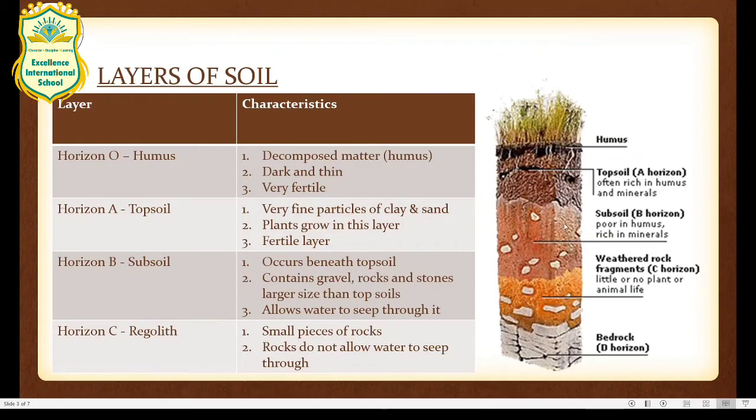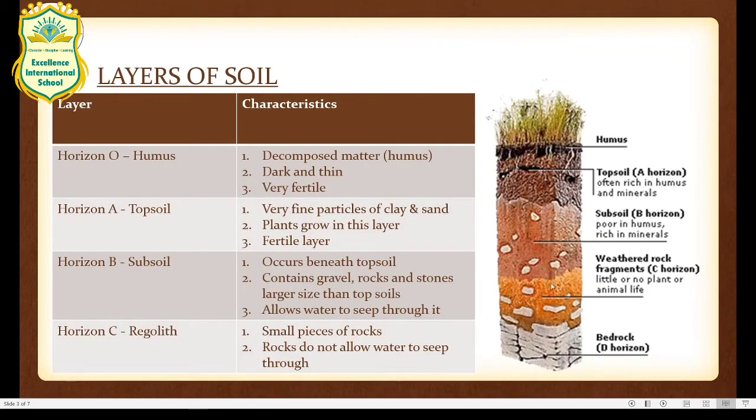So the plants cannot actually grow in subsoil, that is horizon B or horizon C. And you can see that from horizon C, a lot of concentration of rocks will start, and there'll be no life present here, that is no plant or animal life present here, and it's so concentrated, so dense, that eventually water and air will not be able to pass through it.